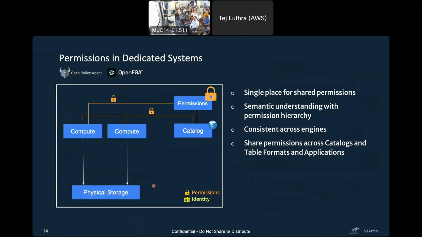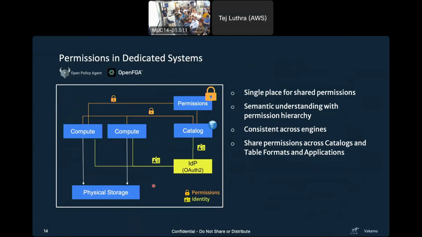There are other systems out there as well, and they're super specialized in making permissions as flexible and as bulletproof as possible. So when we have such a system and then we have different compute engines, we can connect those compute engines to our catalog. Some compute engines might not be able to connect to this permission system directly. They're just connecting to our catalog, which enforces the permissions. And we can have other compute engines who can directly leverage the permissions in these external systems.